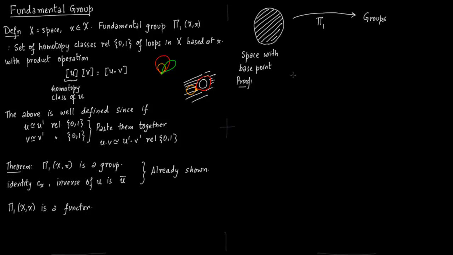So say you start with two spaces X and Y. X and Y are based spaces. So X has the base point x and we will say Y has the base point y.